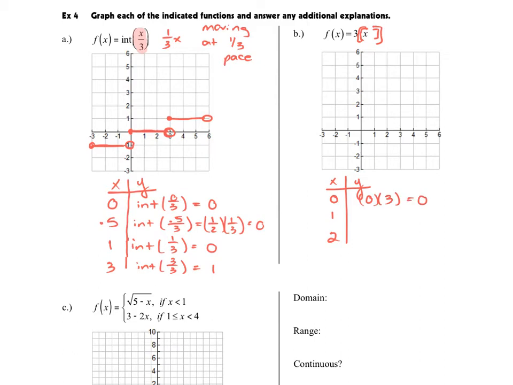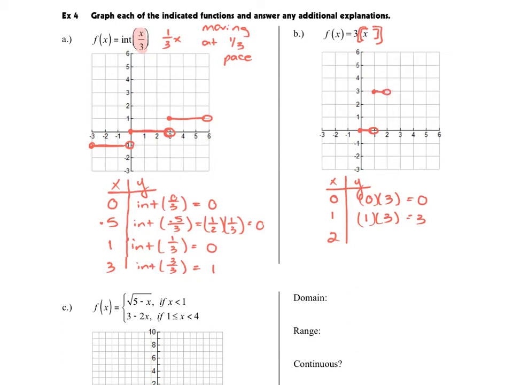But when I put my 1 into my greatest integer function, that puts me at a 1, but what I'm given wants me to multiply that, so that gets me at a 3. So I can see that my steps are going to be bigger. I know that I'm going to start off at 0, and I can see from my t-chart that I'm going to jump when I get to the integer of 1, but I'm going to jump a much bigger jump this time, all the way up to 3.